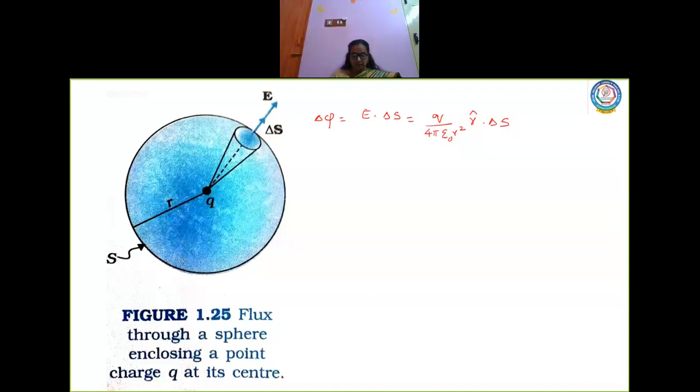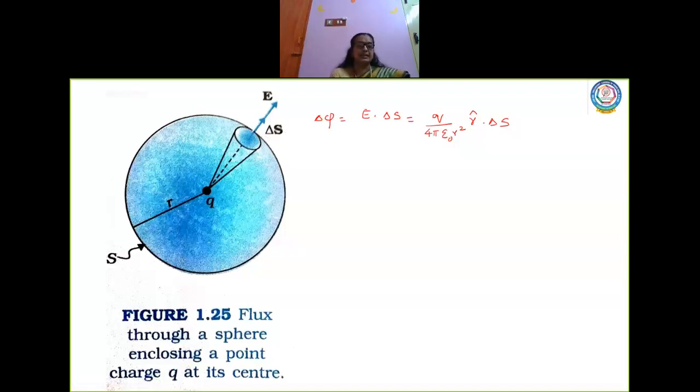Right. Now this unit vector R is along the radius vector, and the normal to the sphere at every point is along the radius vector, right? So look at the area element and the unit vector. They have the same direction. Now here, this is area, children. Hope you remember area and area vector.